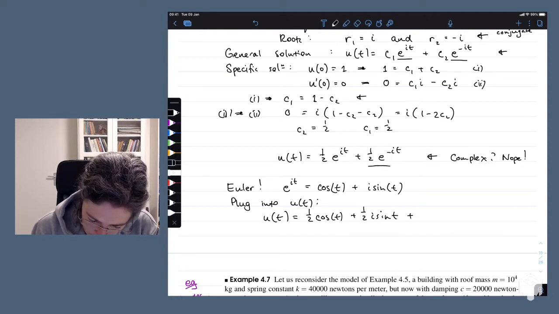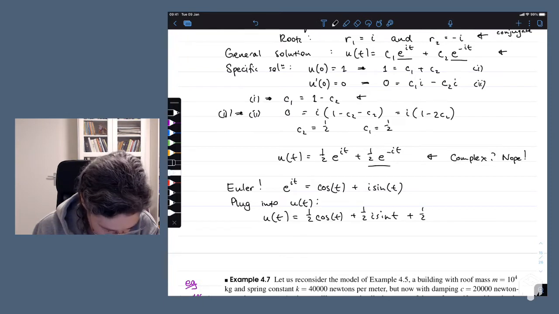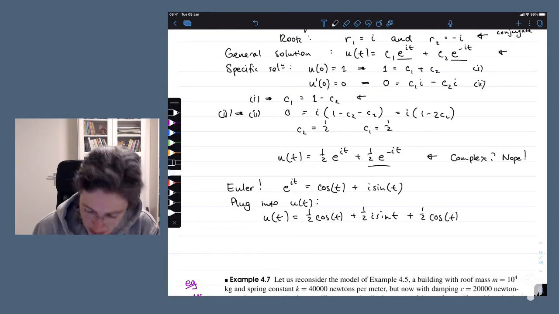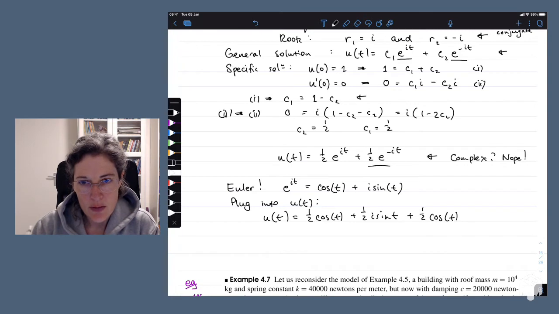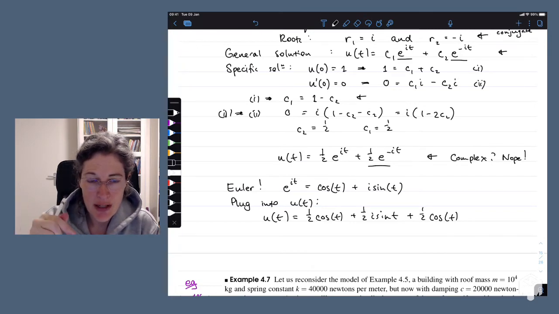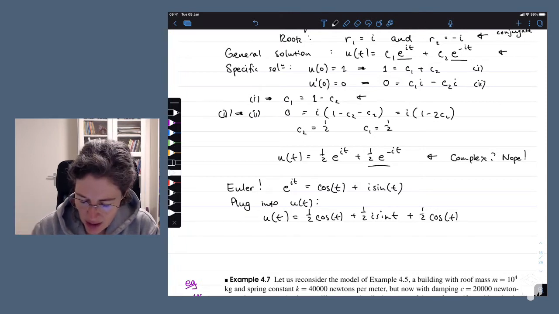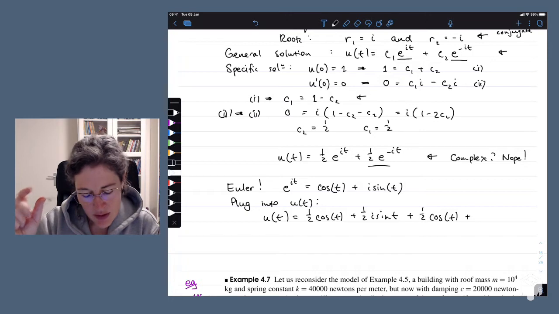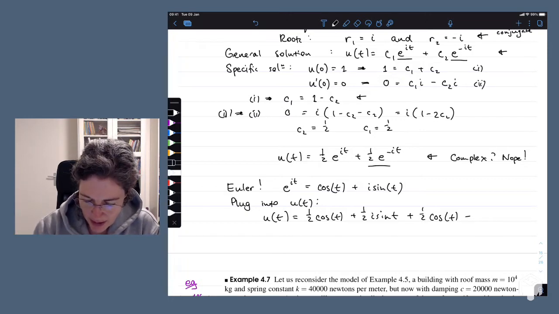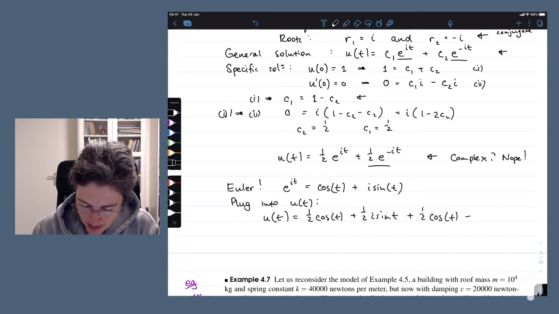And then for this term over here, we're going to get a half cos of t again, because this will be the cos of minus t, but actually cos of minus t is the same as cos of t, so that doesn't change. But sine is an antisymmetric function, so we will get a minus i sine t here.